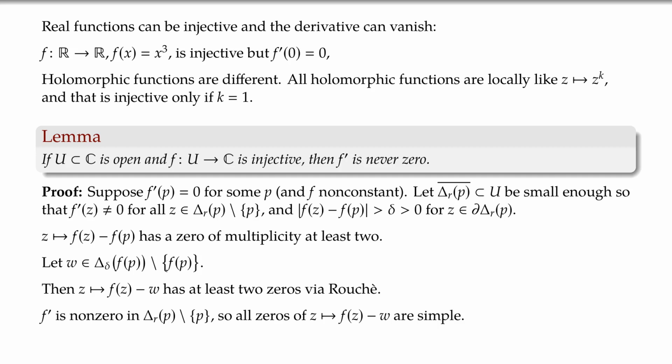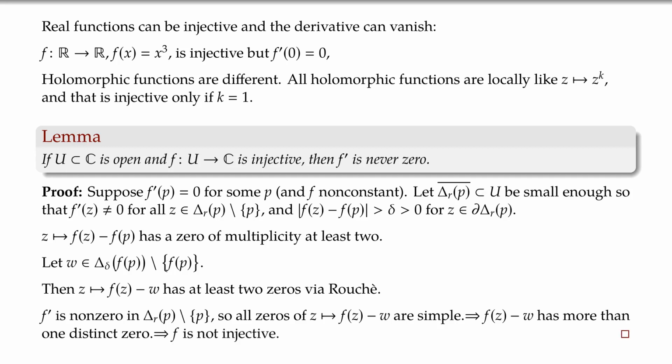Those two zeros that we found have to be simple zeros. That means that they have to be distinct, right? Because if all the zeros are simple, then the only way that you're going to get 2 zeros is if they're different, right? You cannot have a larger multiplicity zero.